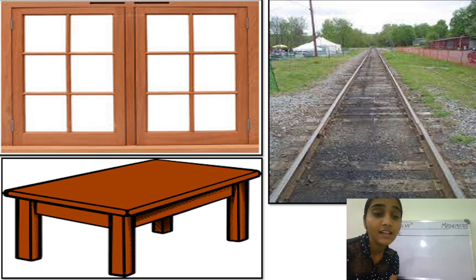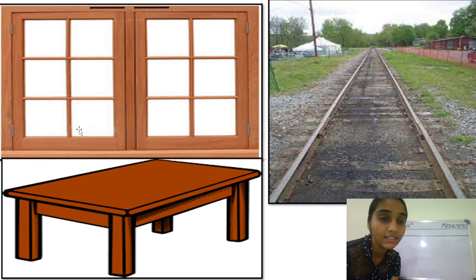Now students, you have to see something that you might be seeing common in all these images. Yes, very good. We have some kind of straight things. In the table also, in the railway track also, these are the straight things we can see in all of this.